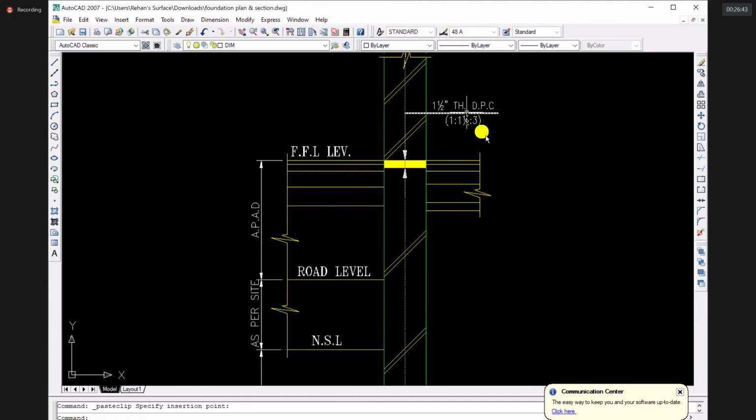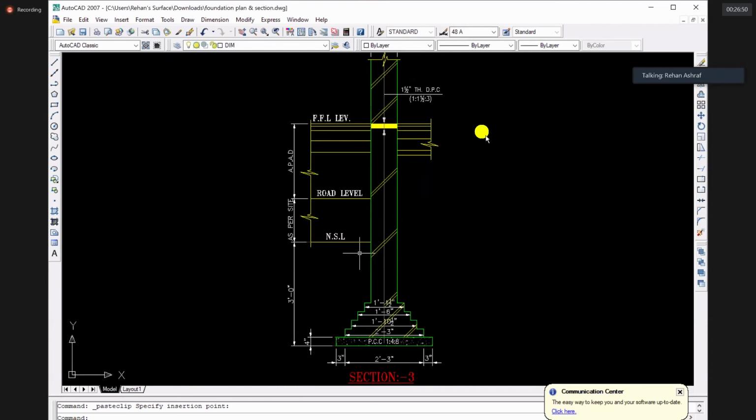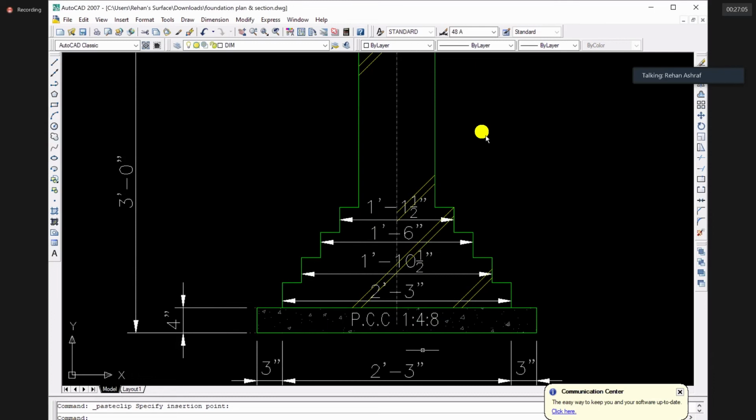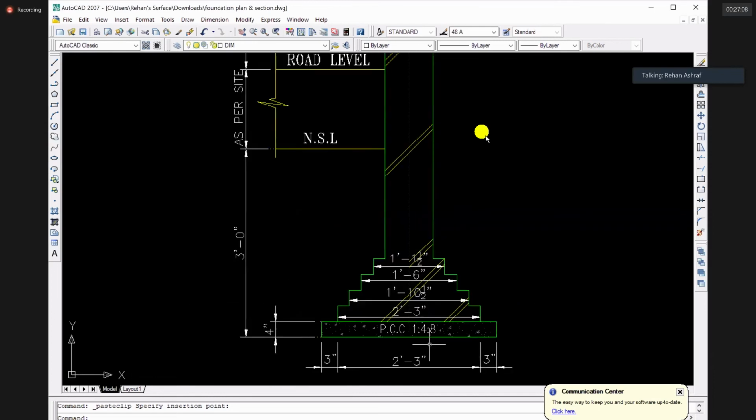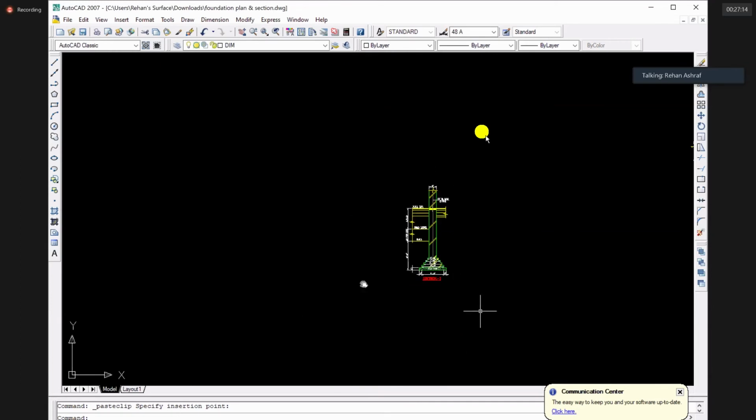I would add these details over here and I would send it to you. Now, when you go below the NSL, you place the foundation. You have to provide a 3-step foundation, and under the 3-step foundation, you have to provide a layer of lean concrete, right? So this is a normal load carrying wall of 9 inches thickness width, right?